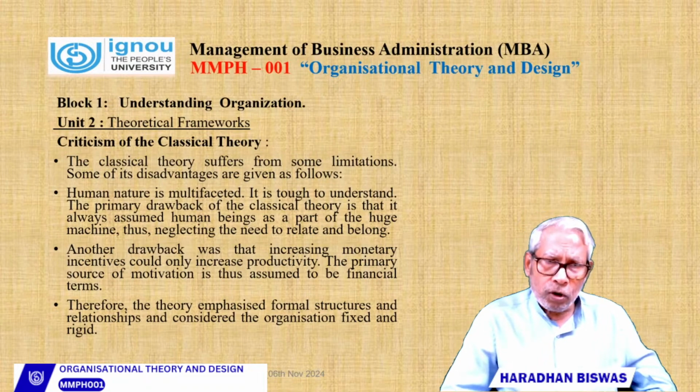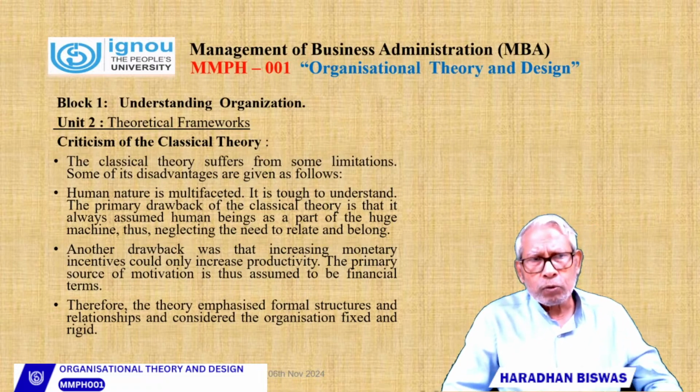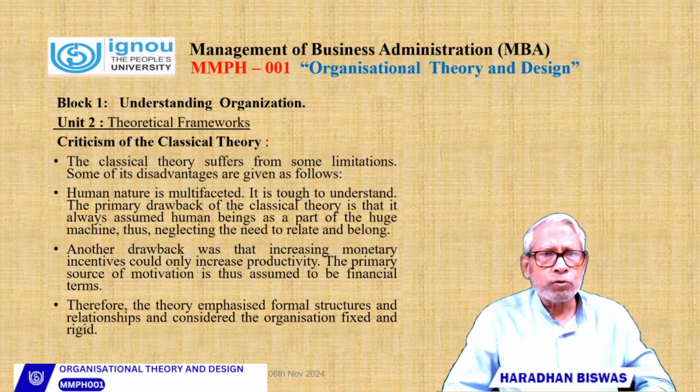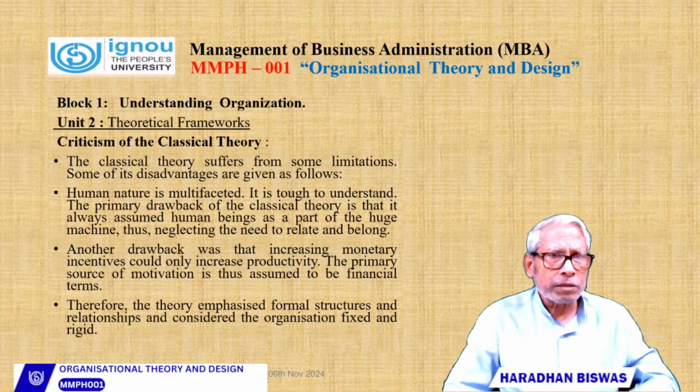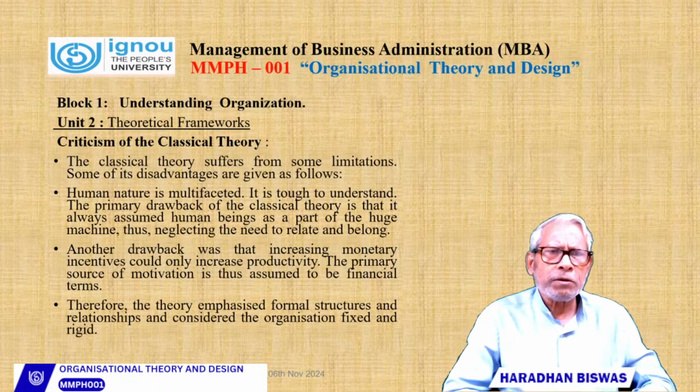Another drawback is that what we have decided or thought, that he will do these things as per these plans, may not happen, because you can't predict or assume that this person will fulfill the target 100%. It may be 90%, it may be 80%, depending on so many factors.